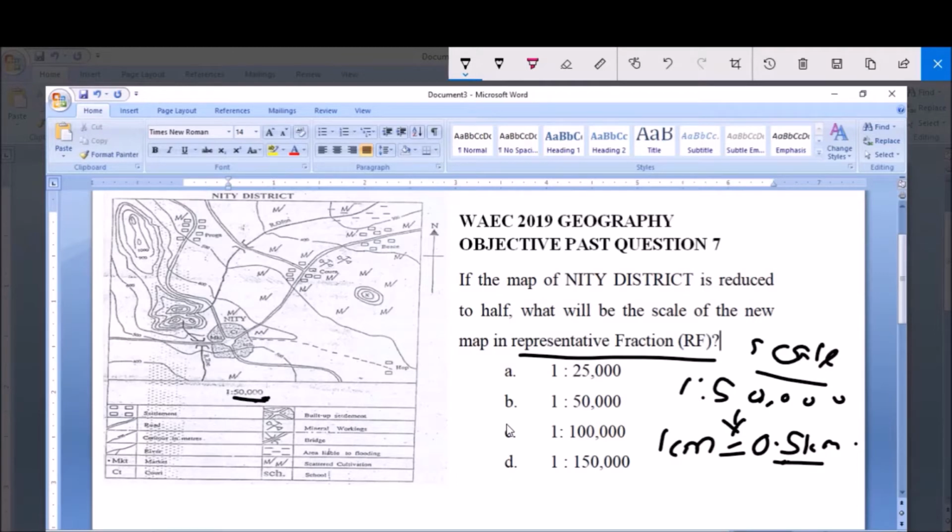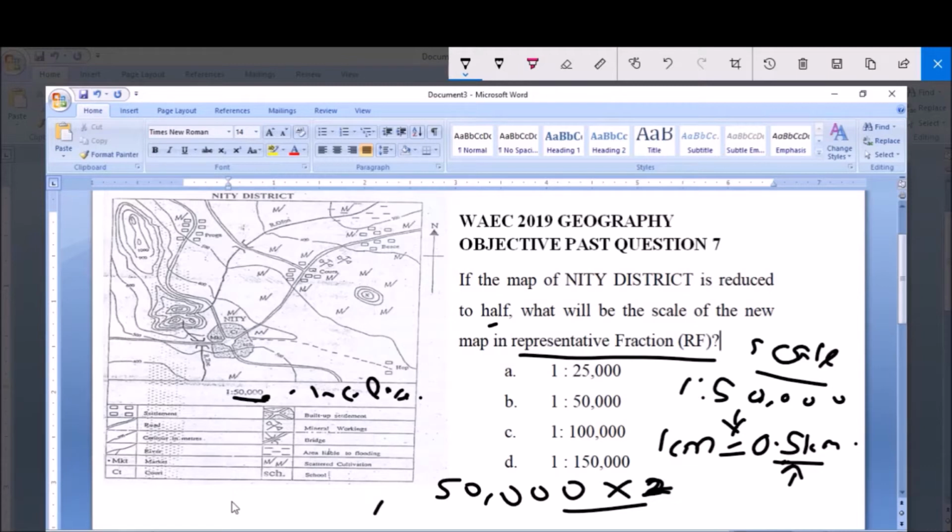So that happens when, if we are reducing it to half, we are going to multiply 50,000 by 2, or another way to express it is that we are going to divide it by 0.5.